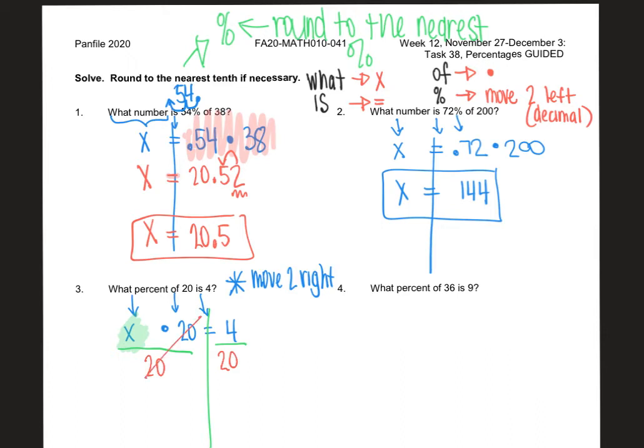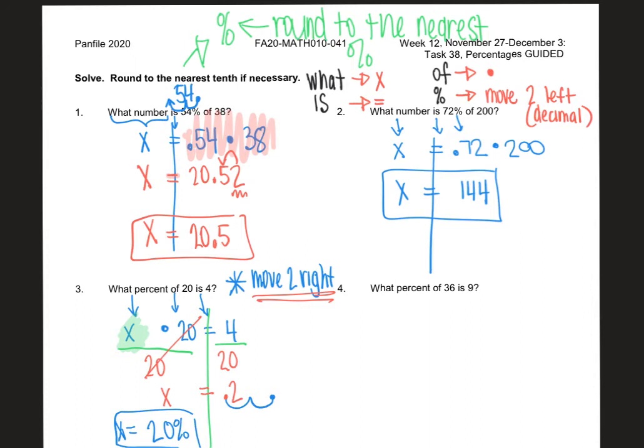I cancel out the 20s and I get x equals, and then I put that into my calculator. 4 divided by 20 is 0.2, but I need to remember to move it 2 to the right because that is a decimal, that's not a percent. So you see what I mean? In these types of problems, you are going to get a decimal because we work with decimals while we're in the problem, but then at the end we need to move it 2 to the right. So our answer is x equals 20%.